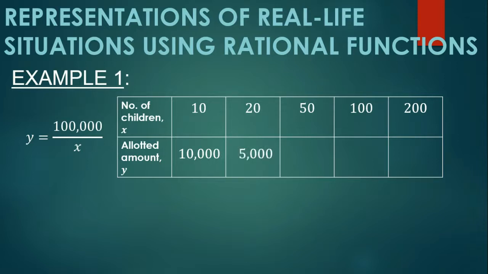If there are 20, 100,000 divided by 20 is 5,000. If there are 50 children, 100,000 divided by 50 is 2,000. If there are 100 children, 100,000 divided by 100 is 1,000. And if there are 200 children, 100,000 divided by 200 is 500. Okay?